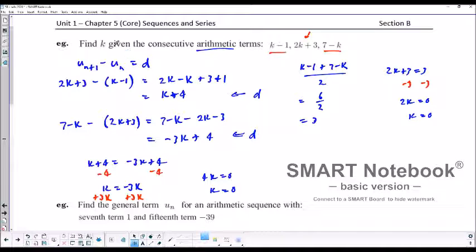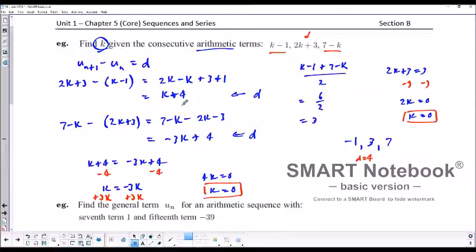Okay, so we found the value of k, which is k equals 0, and we found it in 2 different ways. So I'm pretty confident that that's true. So now we can just check to make sure that this will give us an arithmetic sequence. So if k equals 0, when we substitute that in, then the arithmetic sequence is negative 1, 3, and 7. And we notice here that d equals 4 in both cases.